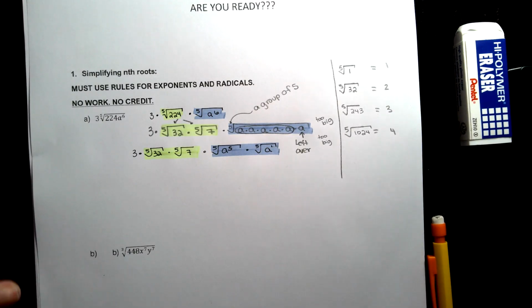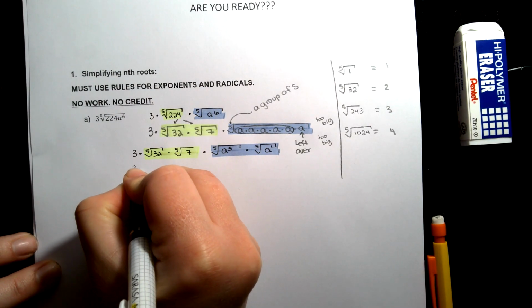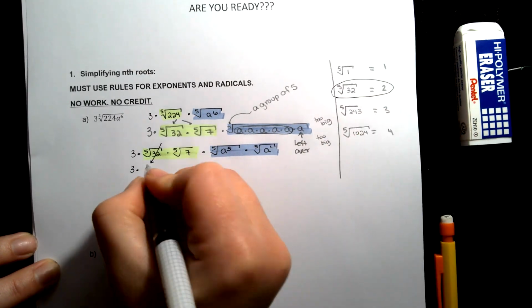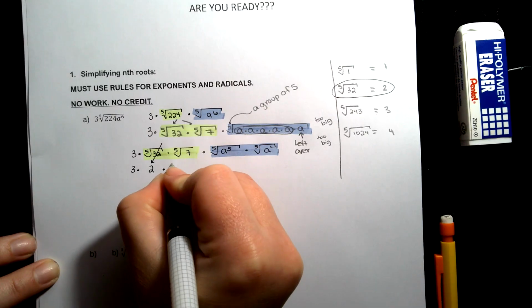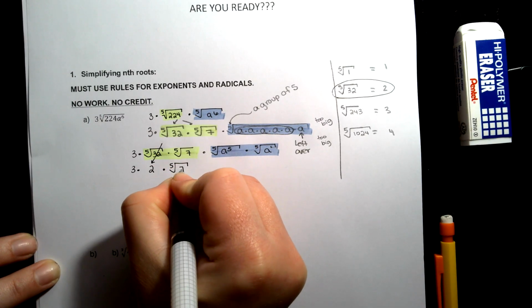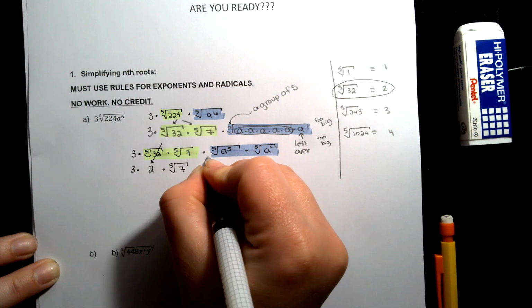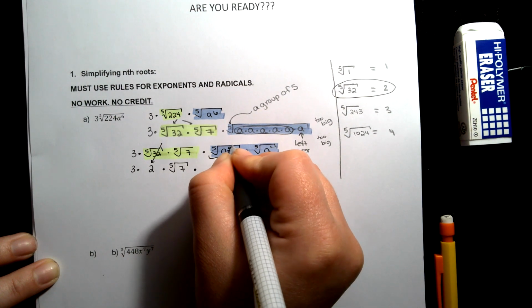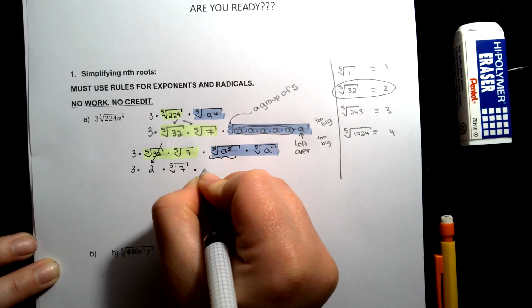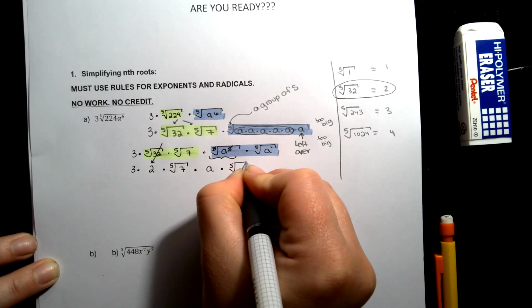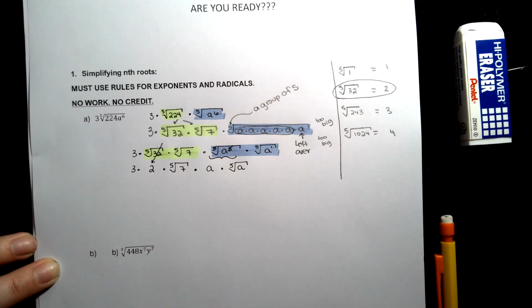So let's actually do the simplifying. 3 times, we know the fifth root of 32 is 2, times the fifth root of 7 does not simplify, times the fifth root of a to the fifth power. Because the exponent and the index are both 5s, we just have a, times the leftover, which is just 1 and cannot be simplified.